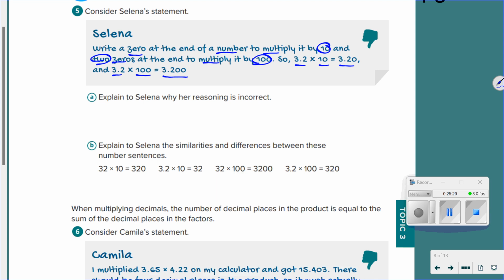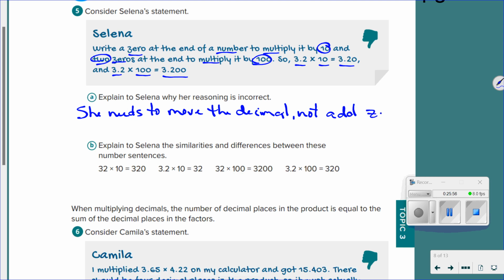So what did she do wrong? She added the zero instead of moving the decimal. She needs to move the decimal, not add zeros. Now, the caveat on this is her method would only work with whole numbers.